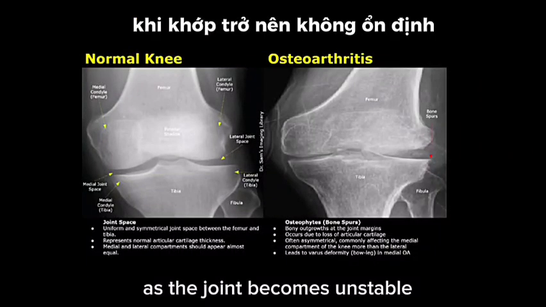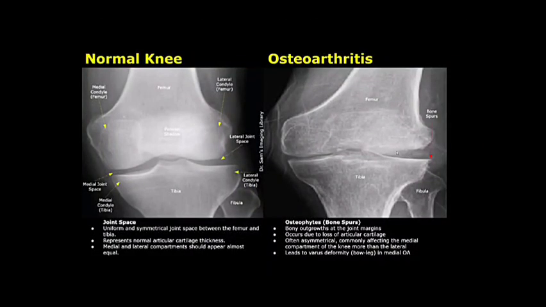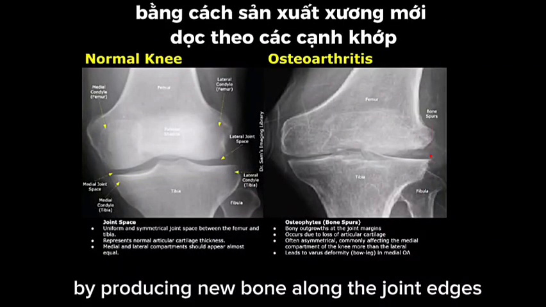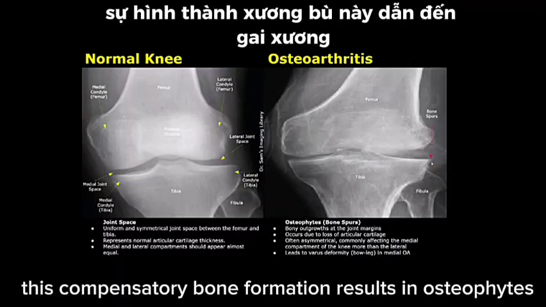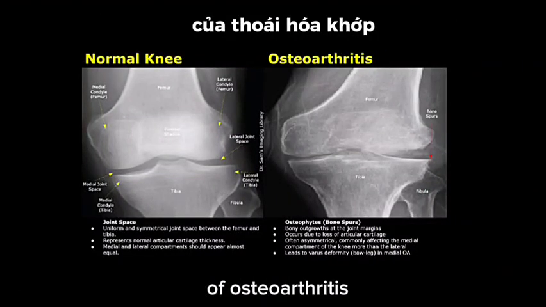As the joint becomes unstable and experiences increased mechanical stress, the body attempts to stabilize and repair the area by producing new bone along the joint edges. Over time, this compensatory bone formation results in osteophytes, which are a characteristic radiographic feature of osteoarthritis.